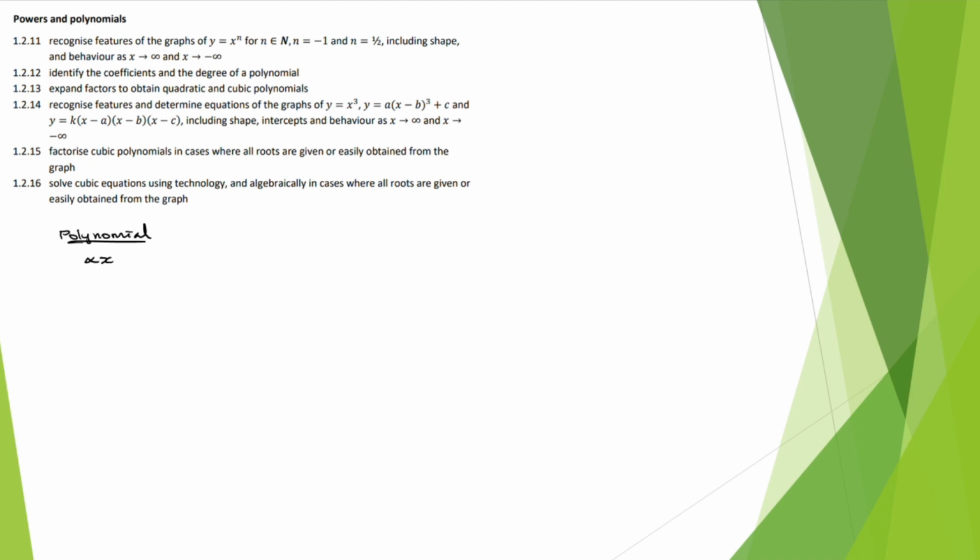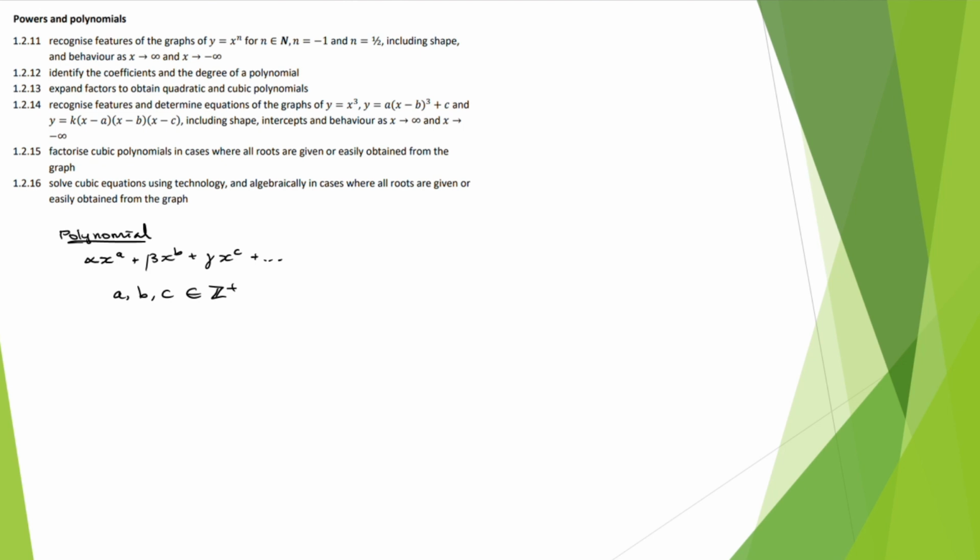So I'll just do alpha x^a plus beta x^b plus gamma x^c plus etc., etc. And here, a, b, and c are positive integers. And so this is what a polynomial is defined as.